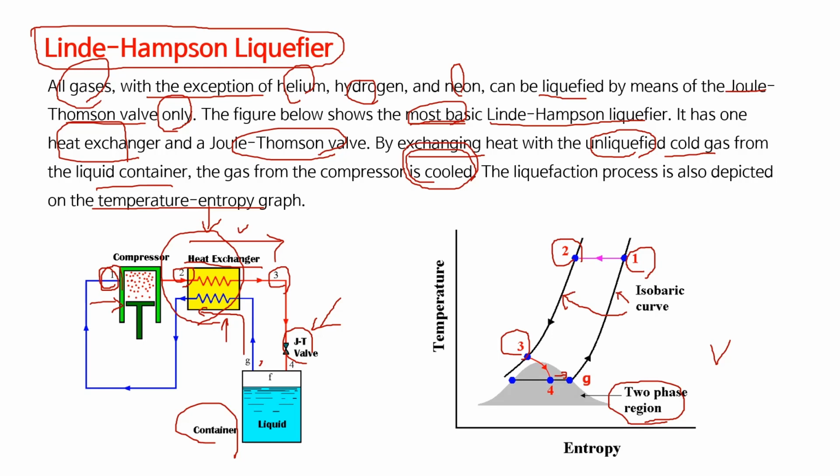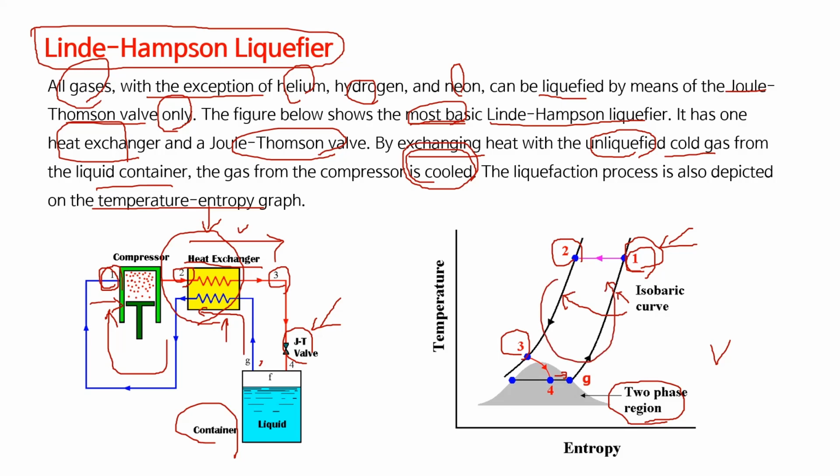So the unliquefied cold gas is going to the compressor and then the liquefaction process is repeated and cycled. Okay?